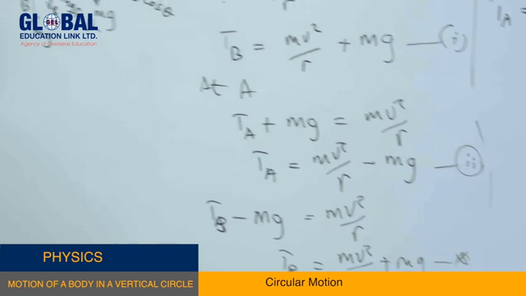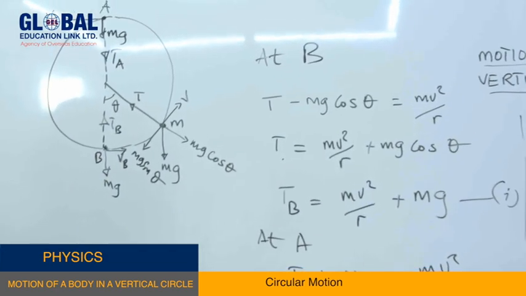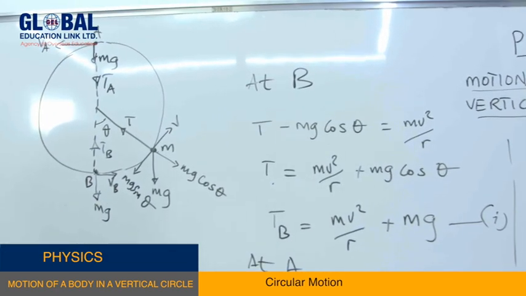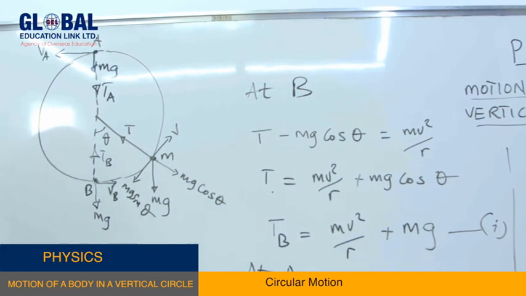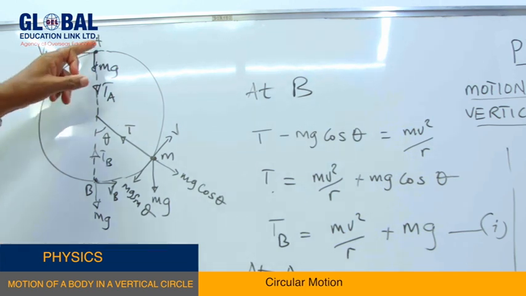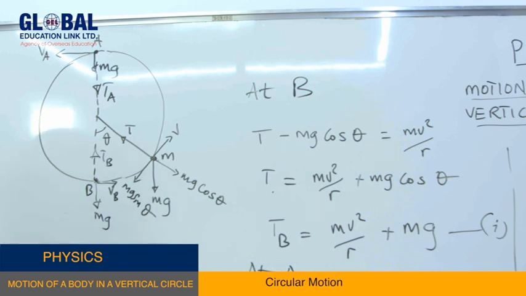So dear students, we have already looked at the value for the tension and the variation, and where we can get the maximum tension and the minimum tension. But all in all, we also need to know about the velocity of the body whenever it is passing at the top or at the bottom.